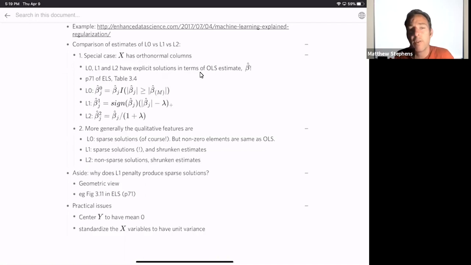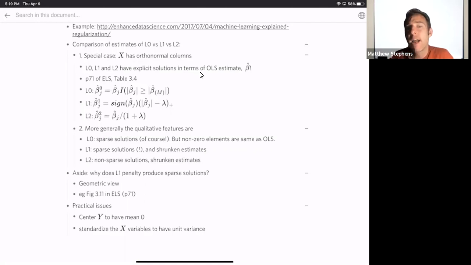For L0, what this equation means, the I is the indicator, it says that the L0 estimate of beta here is, I was using B before, sorry, I switched to beta. The L0 estimate of beta is just the least squares estimate, beta hat j, if beta hat j exceeds some threshold, this beta hat m, and it's 0 otherwise.